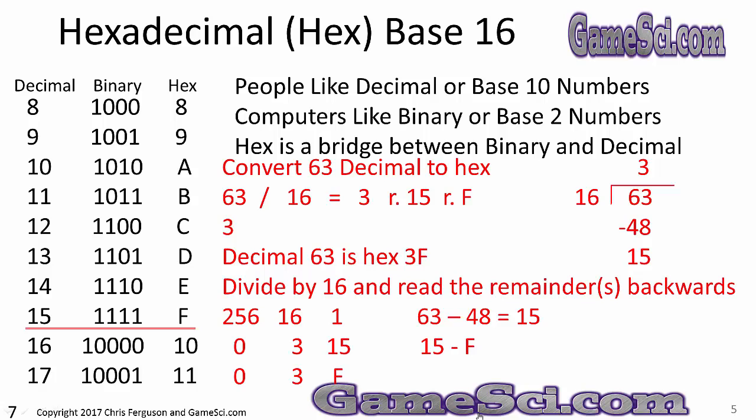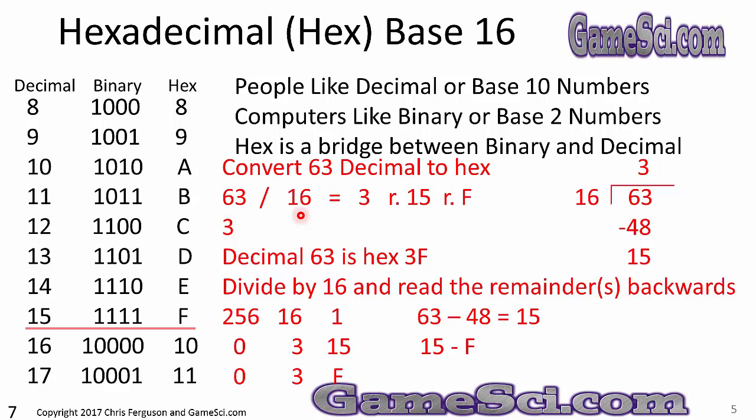Let's go the opposite direction. Let's convert 63 decimal to hex. Now, to convert from decimal to another base, you divide by the base. This is a base 16 number, so to convert decimal 63, I'm going to divide by base 16.